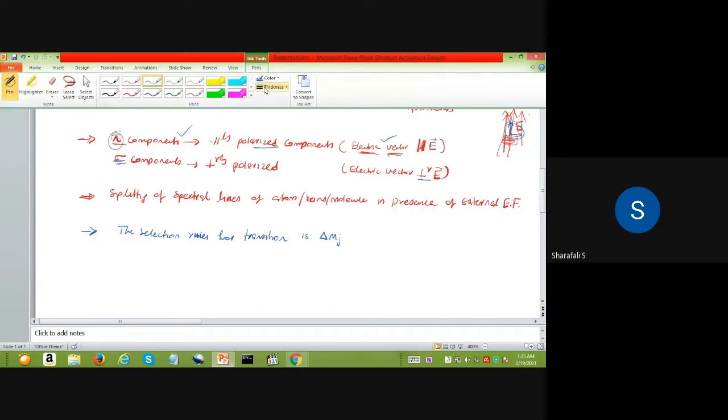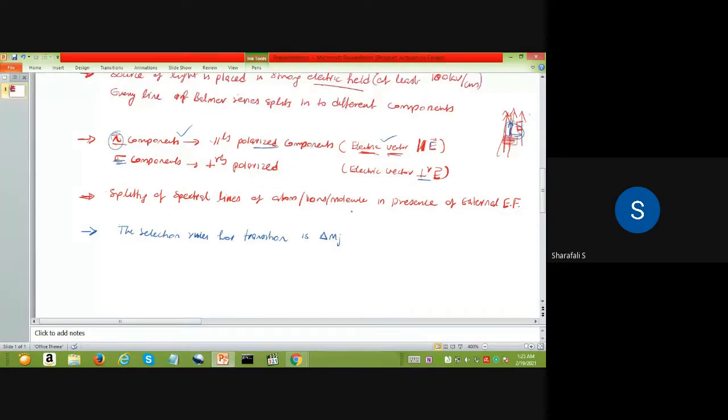I will discuss these selection rules later, but as a point, I will just put it here, 0 plus or minus 1. So this 0 will be your pi component, and this 2 will be your sigma component that we already discussed also. So this 2 will give you that sigma component, this 0 will give you pi component.